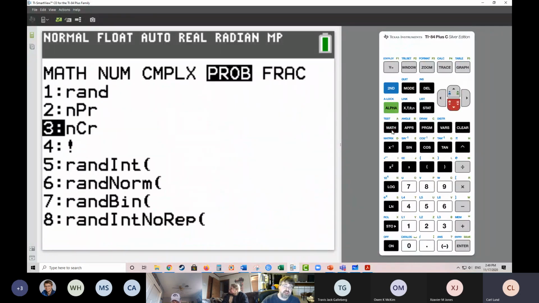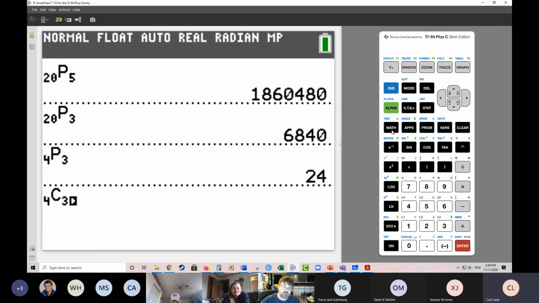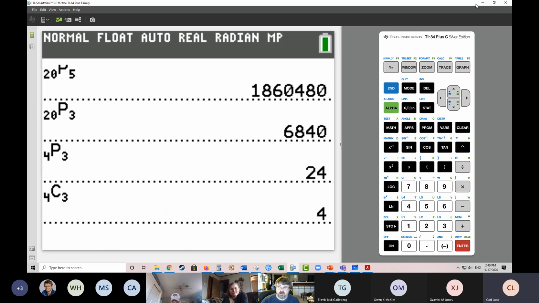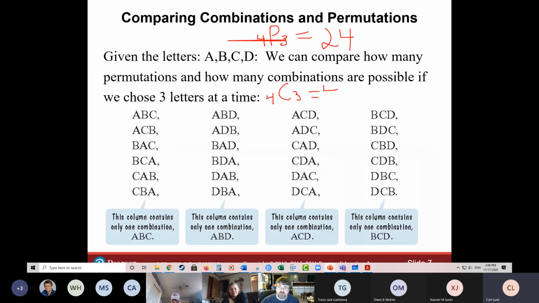It's right next to the permutation function usually. 4C3 is just 4 because we have 4 columns, column 1, column 2, column 3, column 4. So it can matter a lot whether or not we're concerned with order.